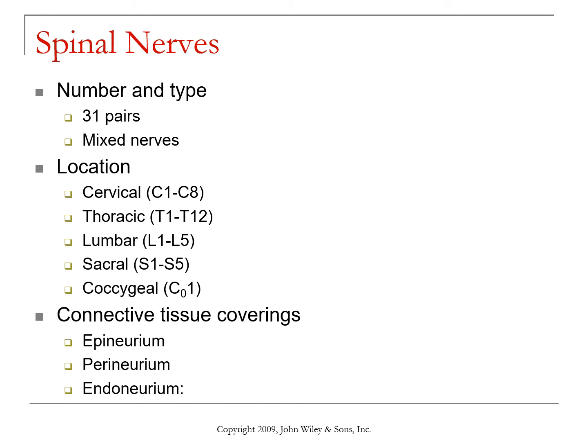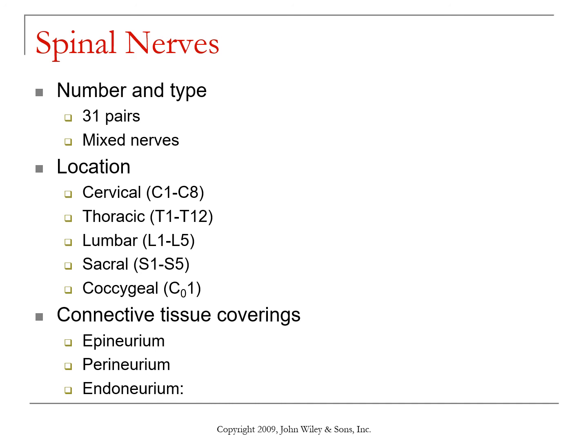And even though there are 7 cervical vertebrae, the first cervical nerve, C1, branches above the C1 vertebra and the last one below the C7 vertebra, giving you a total of 8 cervical spinal nerves.